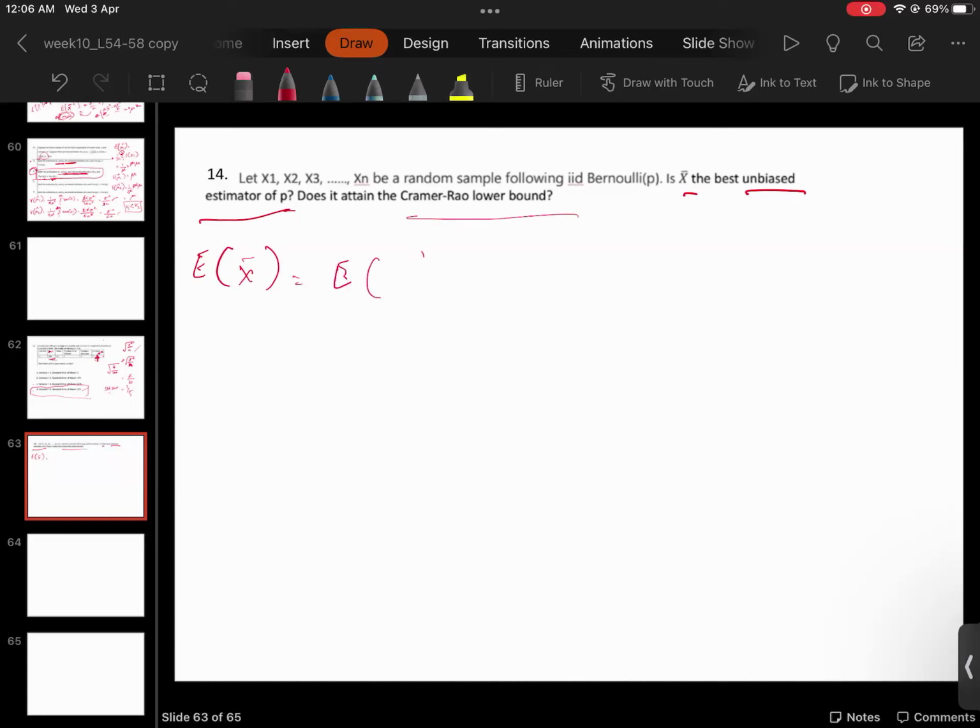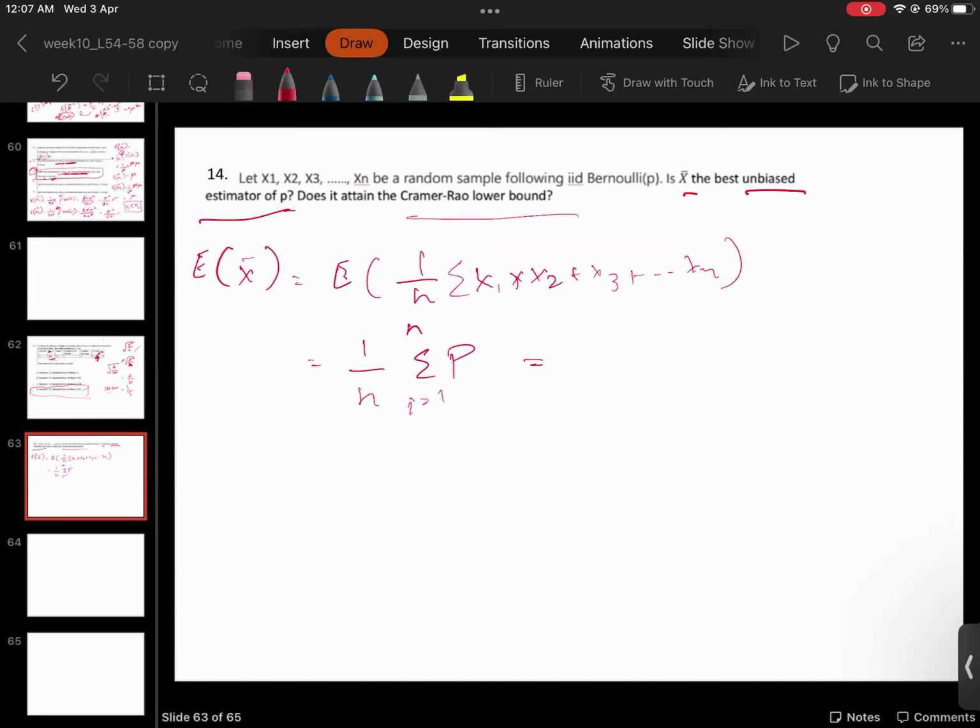So basically x bar is the summation of x1, x2, x3 to xn, i equal to 1 to n, and probability will be p.